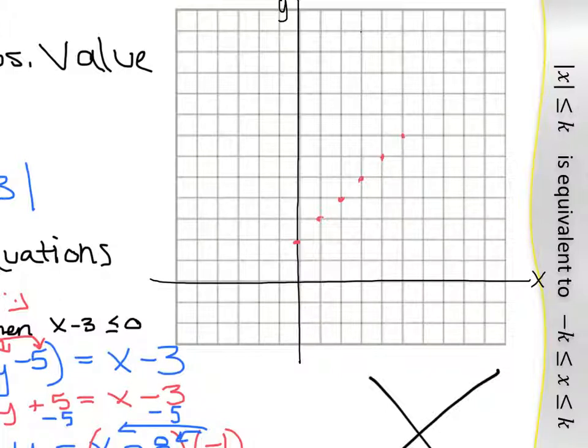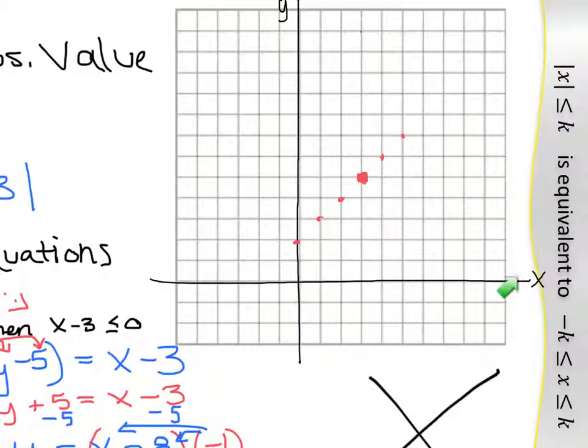Now, when did I say this graph happens? When x is greater than or equal to 3. Right? It was x minus 3 is greater than or equal to 0. We move 3 to the other side. So this graph starts at 3, and then it's everything that is greater than 3.